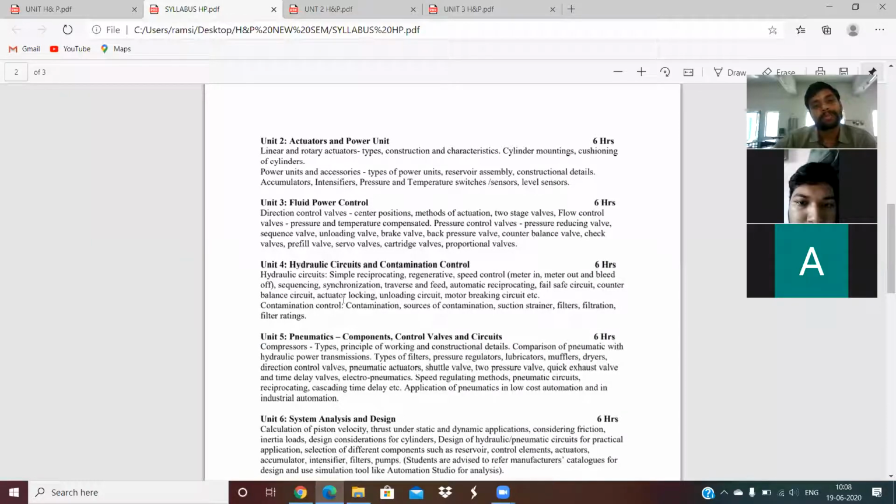The syllabus of this chapter is direction control valves, then center position, method of actuation, two-stage valves, and flow controls. All these valves we are going to use in the hydraulic or pneumatic system. We are going to see this in chapter number 3, which is fluid power control.